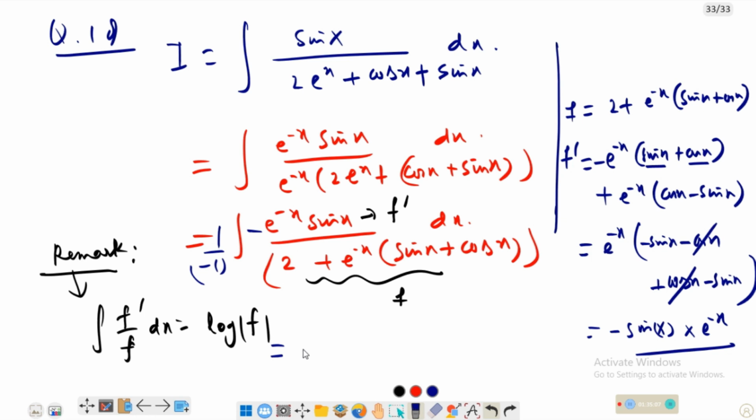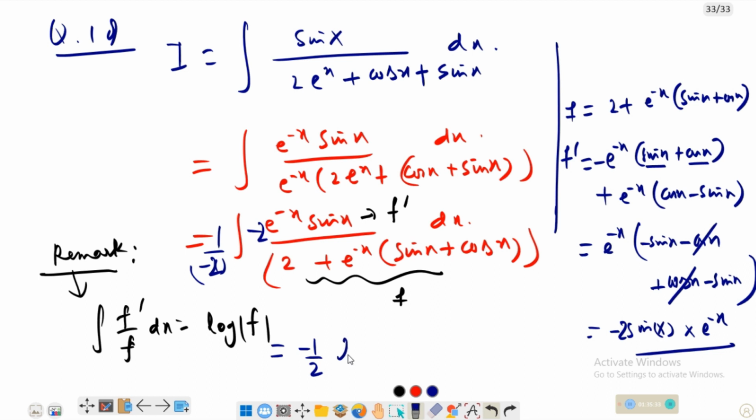Okay, so this is equal to minus, basically this is basically minus 2 sin x. Okay, so we need to multiply minus 2.